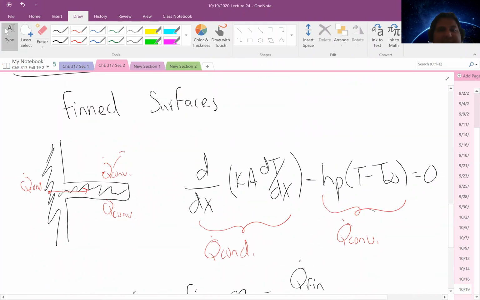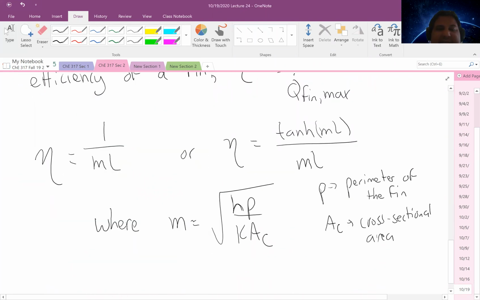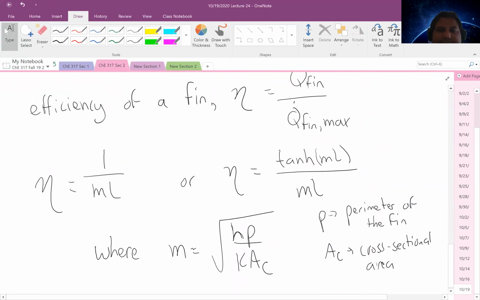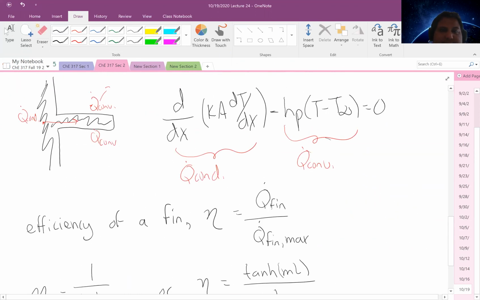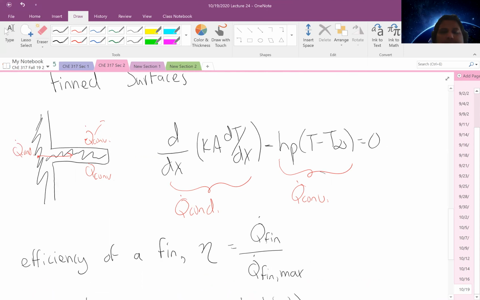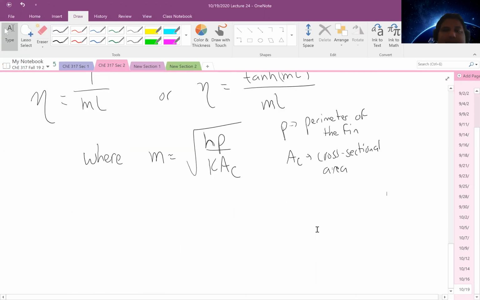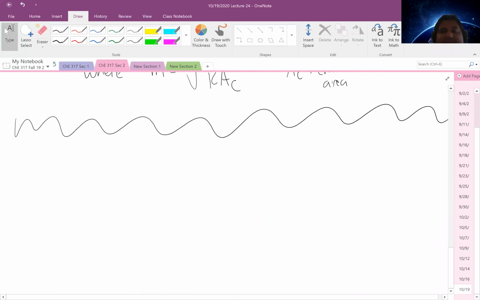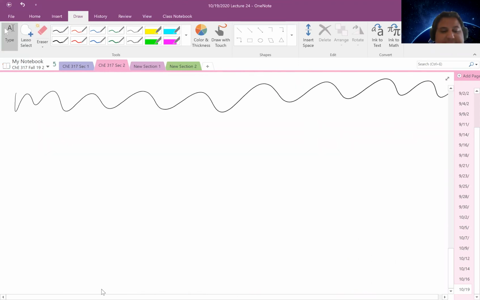We don't do a whole lot of analysis around fin surfaces. They're just an efficient means of adding surface area to a system to improve heat transfer. So I think that's all I'm going to say on them. And with that in mind, I'm going to shift gears now.